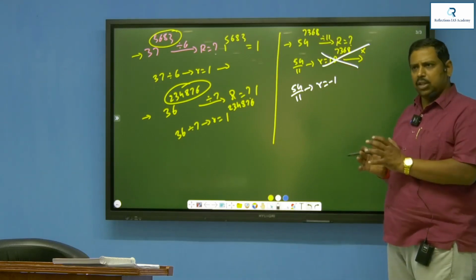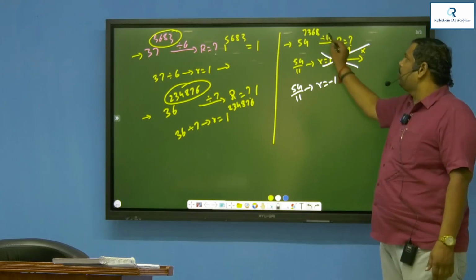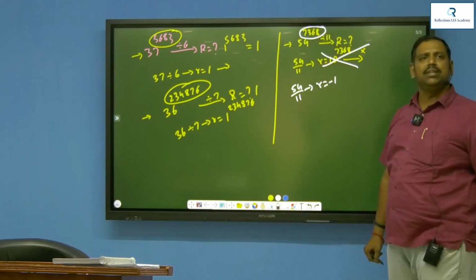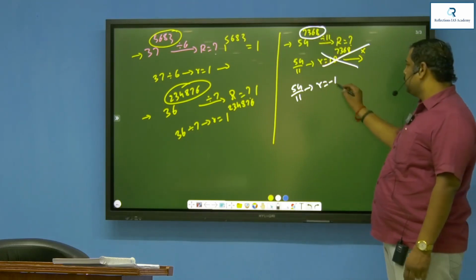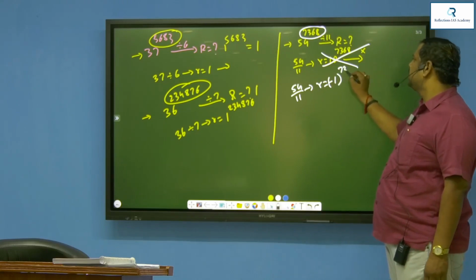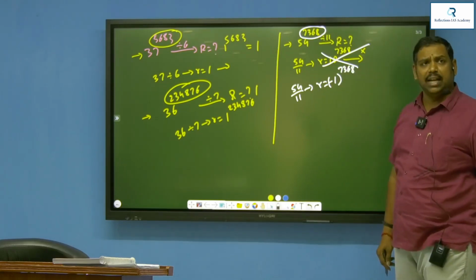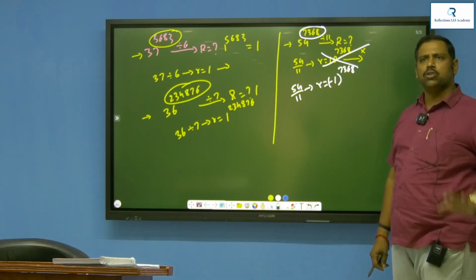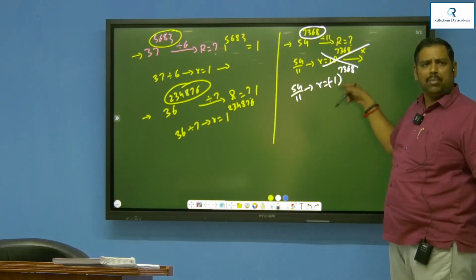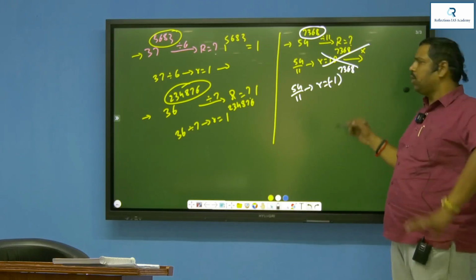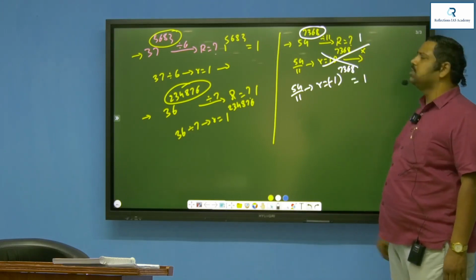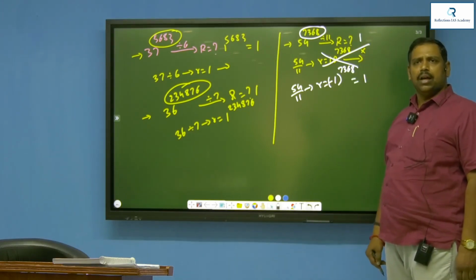Whatever remainder you get should be taken to the power of the given one, that is 7368. So minus 1 power 7368. Here, negative number power even number, will you get a negative number or positive number? Positive number, which means definitely 1 only. 1 power anything is equal to 1. What's the answer finally? That is the answer. Right, good.